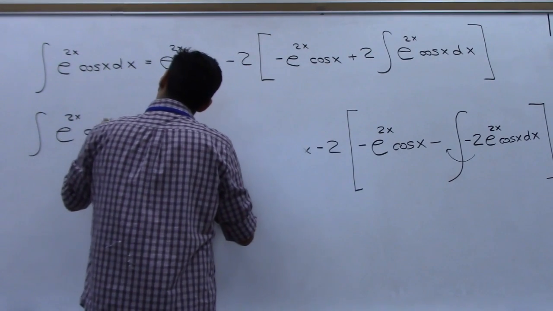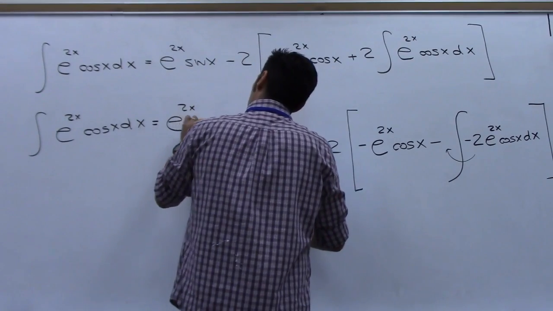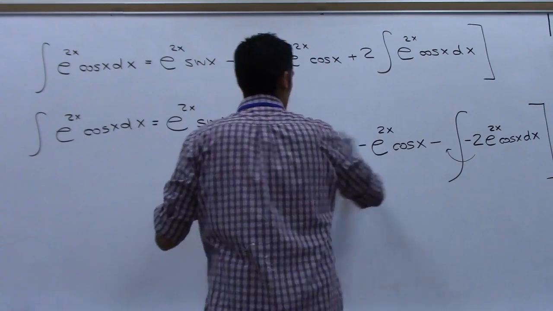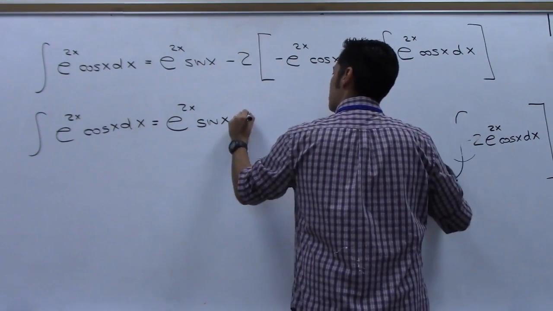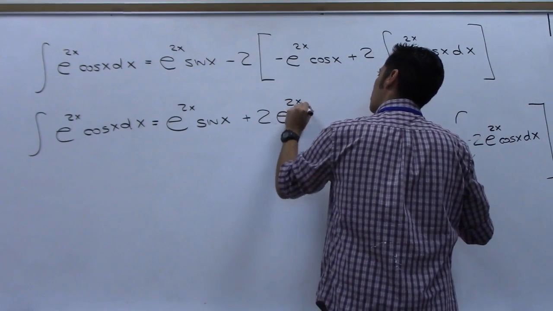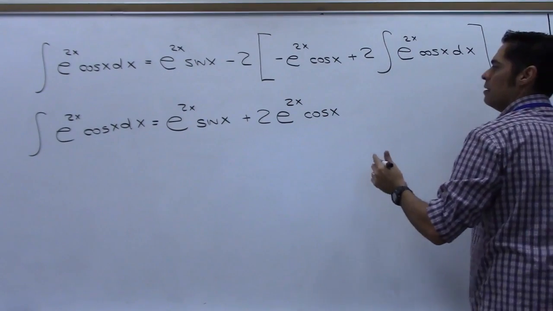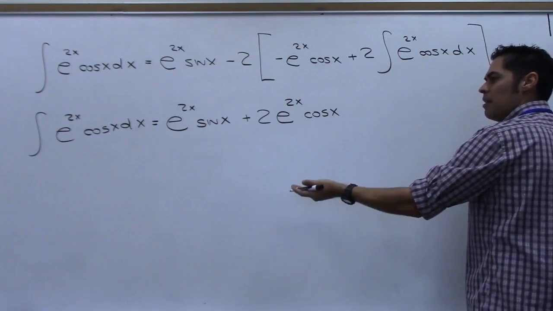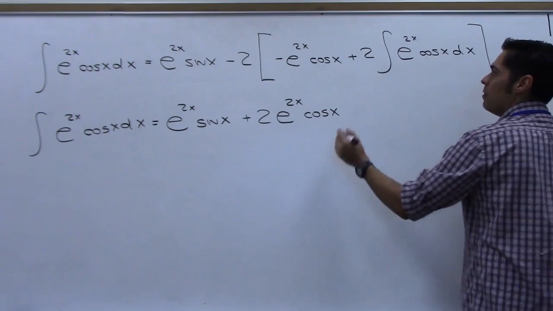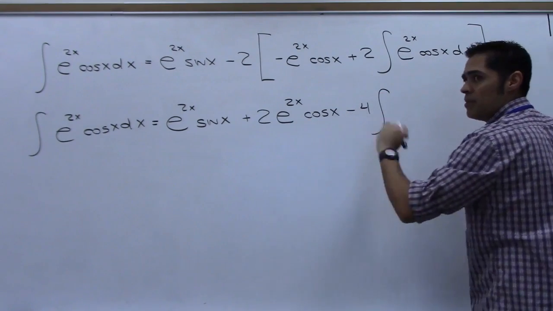While I'm rewriting everything and distributing a negative 2 through, can you remind me, whenever you have an equation, what are the things that you can do? You can always do what on both sides? You can always add the same thing on both sides or subtract the same thing on both sides. You can always multiply both sides by the same thing.